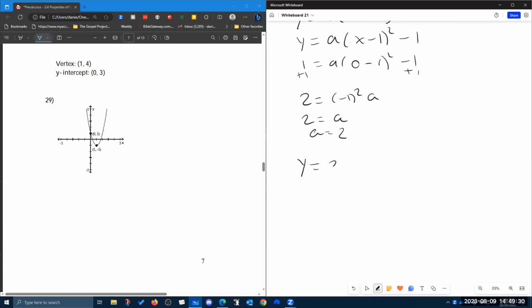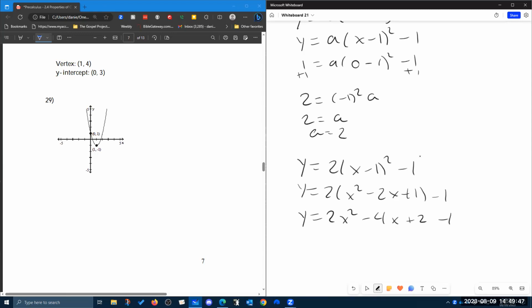And y equals 2 times (x minus 1) squared minus 1. Y equals 2 times (x squared minus 2x plus 1) minus 1. Y equals 2x squared minus 4x plus 2 minus 1. Y is equal to 2x squared minus 4x plus 1.